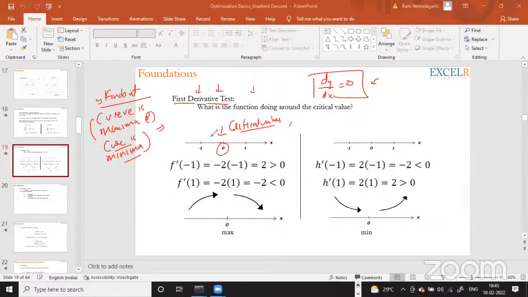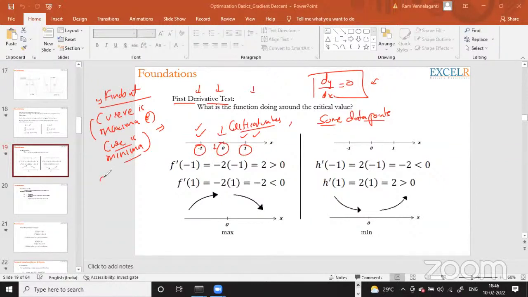Now around this critical point, you are going to consider some data points. Suppose, for example, around this critical point 0, you are considering -1 as one data point, 1 as another data point. Now find out what is the slope at these points -1 and 1.